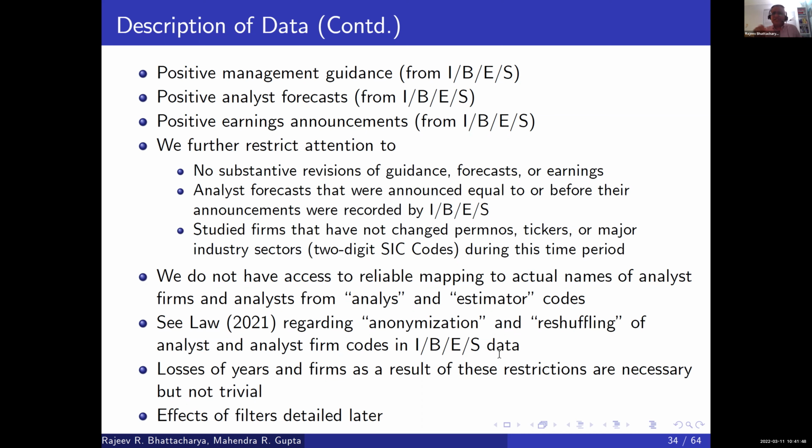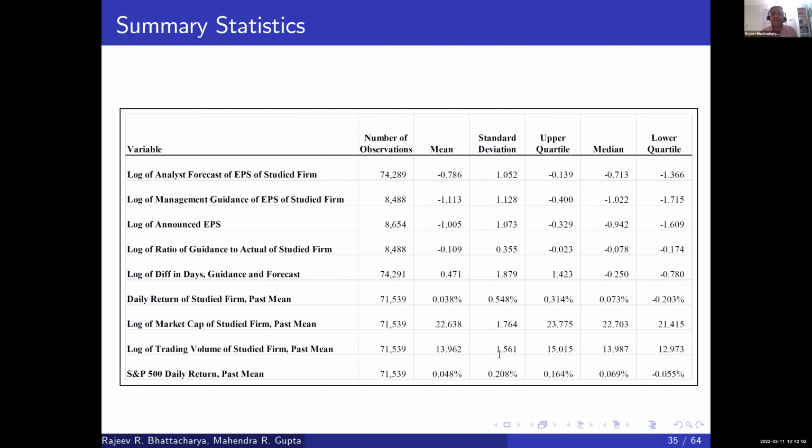Now, because of these restrictions, the loss of years and firms as a result of these restrictions is unnecessary, but not trivial. And as Phil Brown pointed out, and Tom, we'll look at the summary statistics in just a second. So these are the summary statistics.